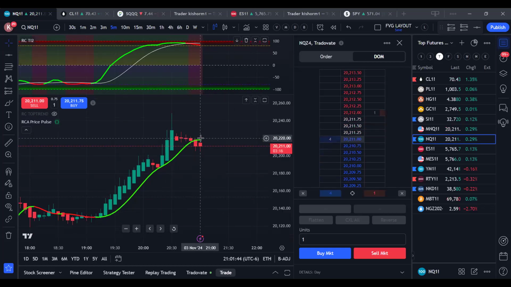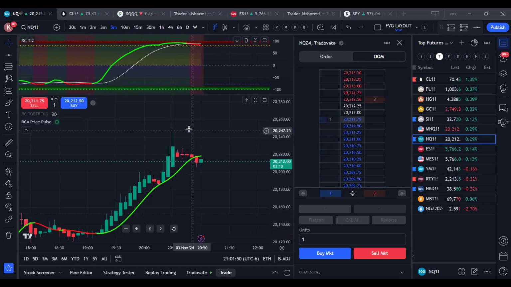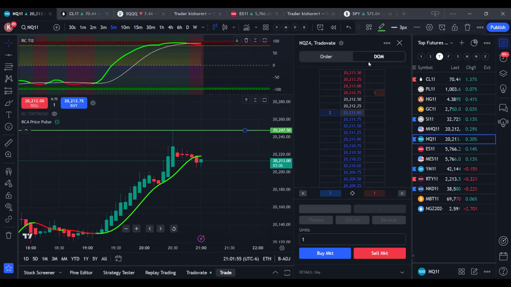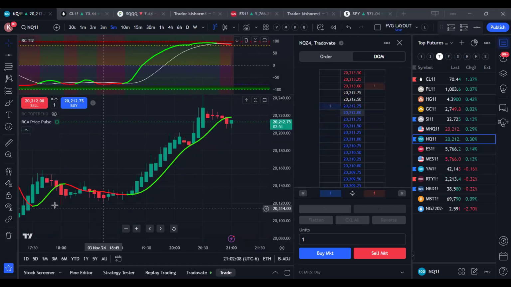So still your TI2 line is green. So one more time it will go, may touch this line, and then they will bring it down. So it is like a double top, or here it is a double bottom.